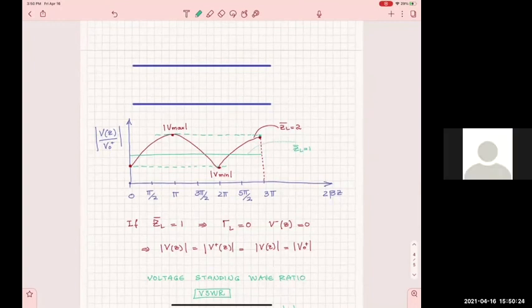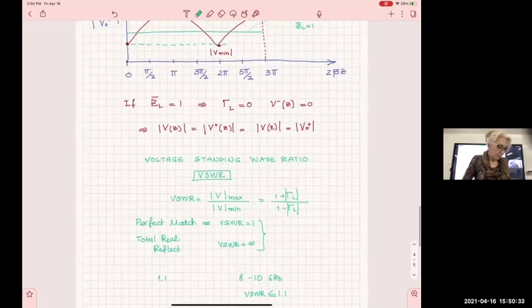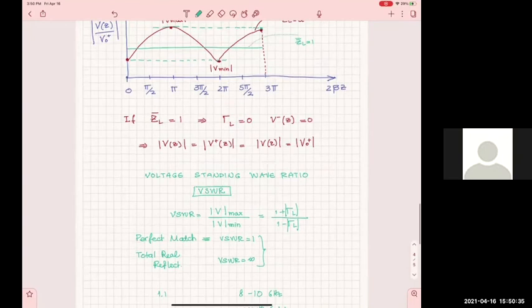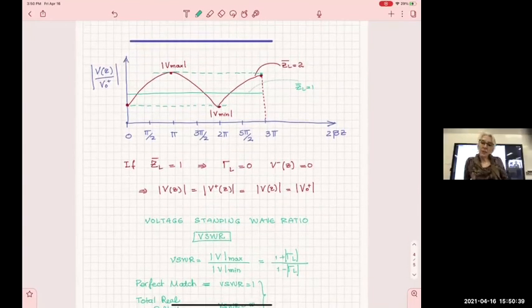Basically, what we were computing here was the magnitude of the voltage over the value of V naught plus. Yes. And if you assume that V naught plus is 1, that's what you get.